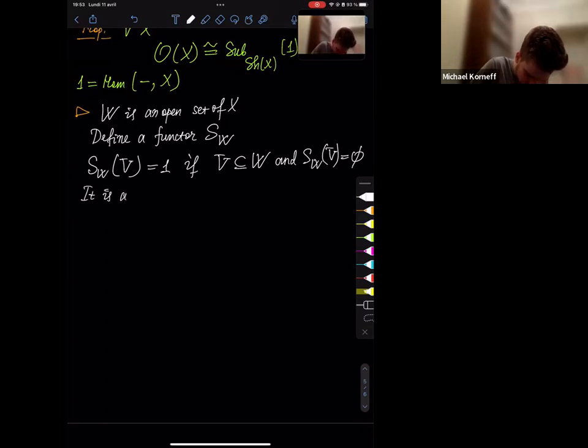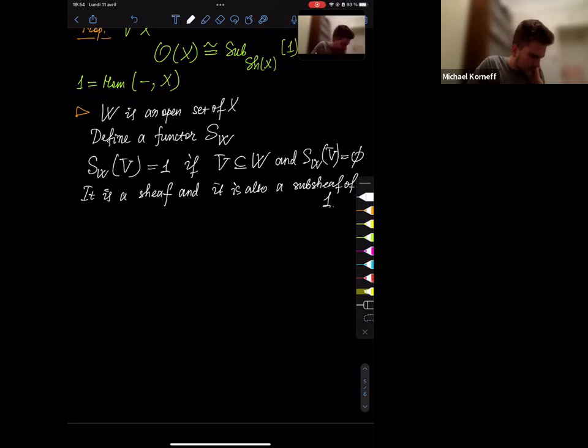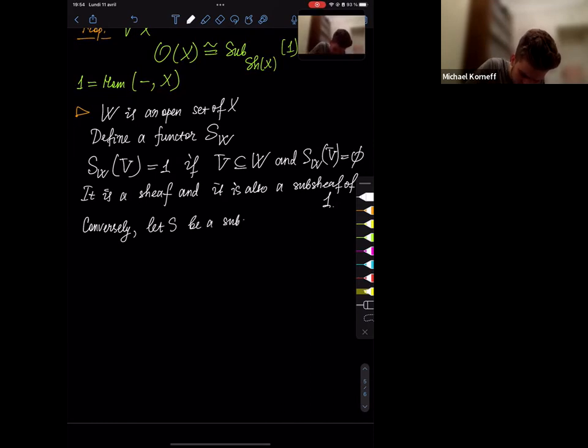Conversely, let S be a subsheaf of the terminal sheaf.